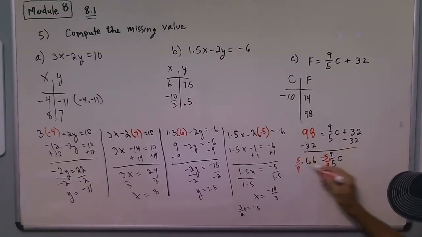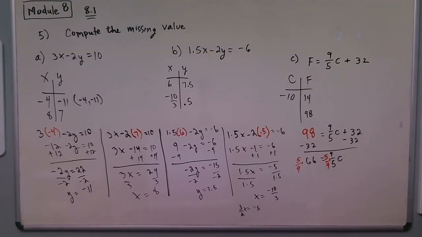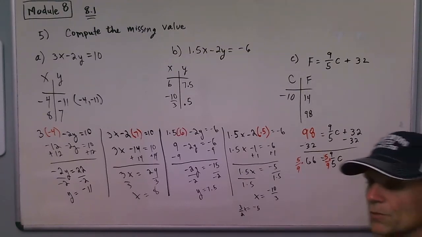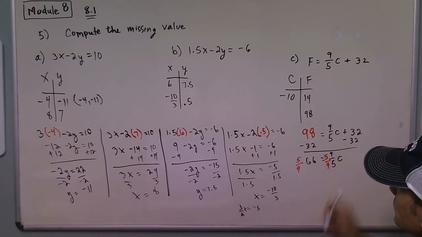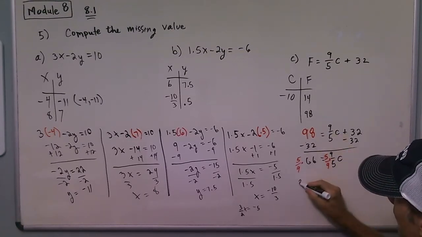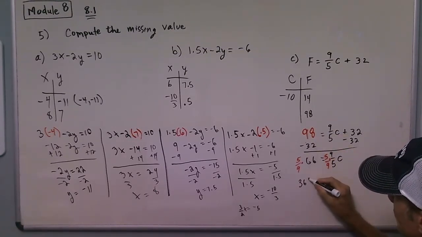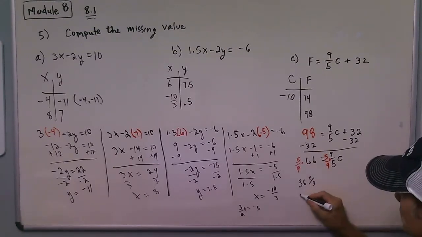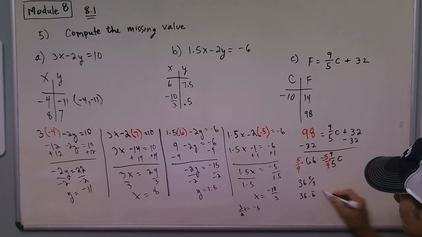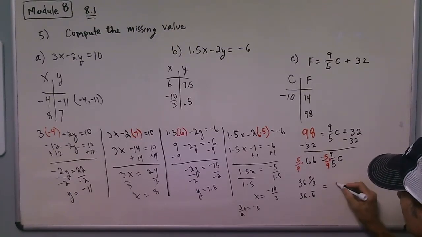Okay. And you could use a calculator on this. And if you do, you might get the mixed number, or the improper fraction, or even the decimal, but it's equivalent to, not about, but it's 36 2/3, okay, or 36.6 repeating.